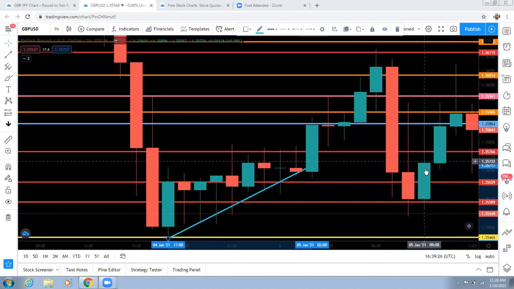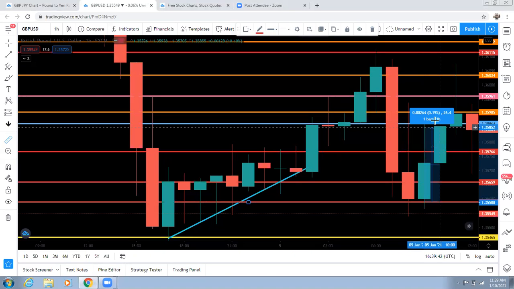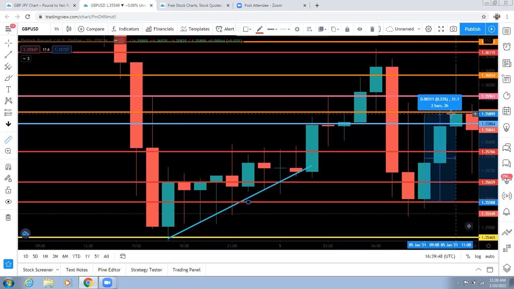So what does that mean? So for 1, 2, 3 hours, you could have been in a buy from this level here, going back up to here. And let's see, how many pips could you have caught from here? If you got out here, 31, right?